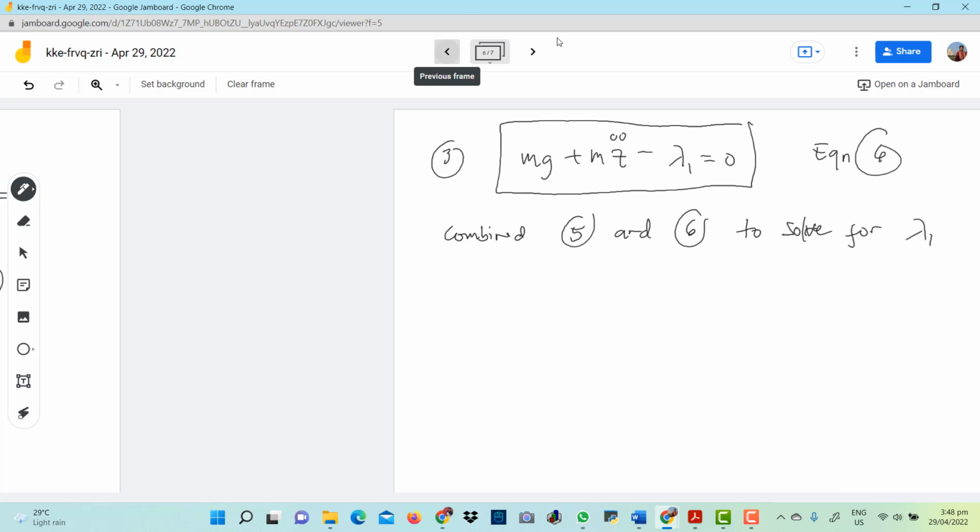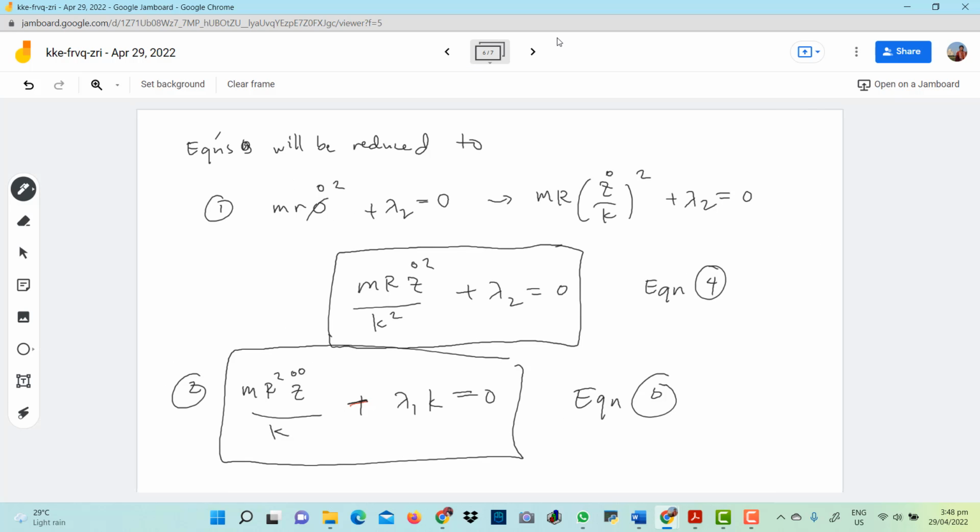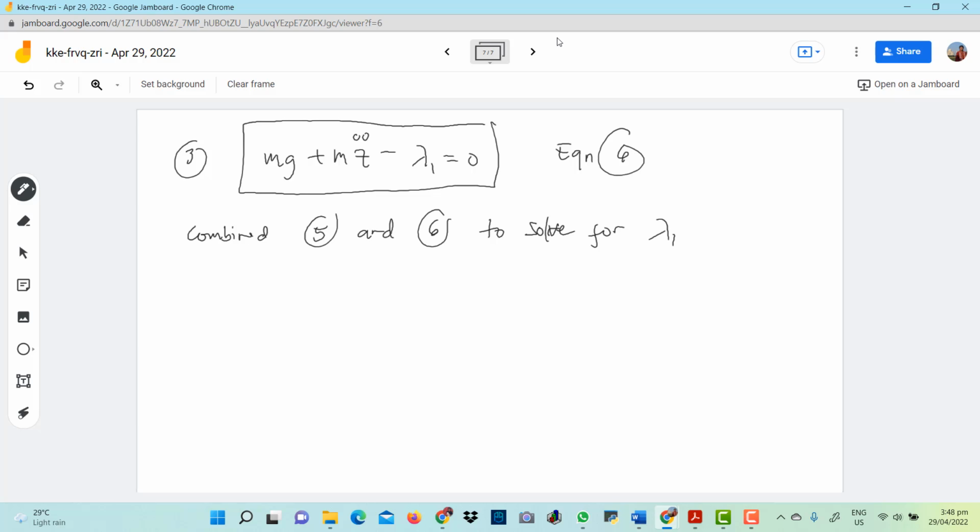If I use equation 6 and equation 5, using the substitution method, I get lambda 1 equal to mg plus mz double dot.